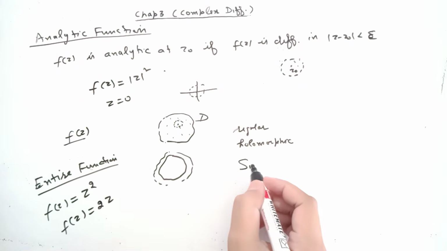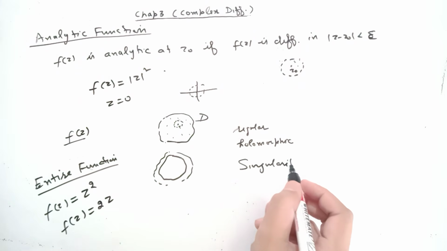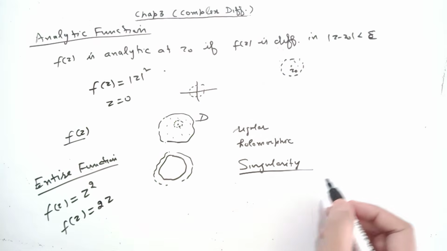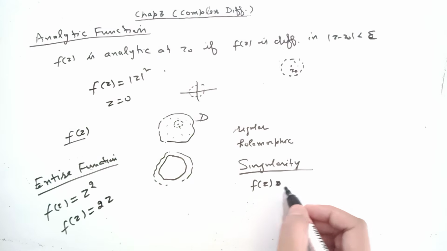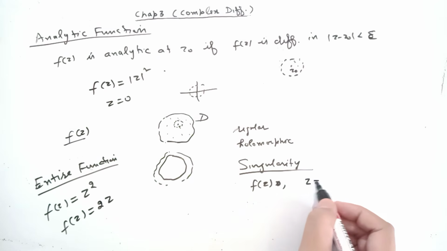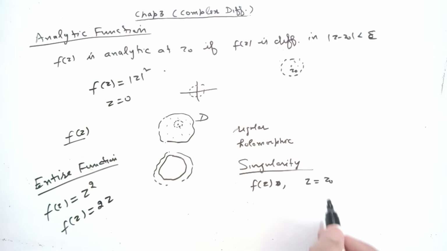Next, singularity. Singularity of a function f(z). The function f(z) is said to have a singularity at z equal to z0, or z equal to z0 is singularity of f(z) if f(z) fails to be analytic at z0 but is analytic at some point in every neighborhood of z0. At this point it fails, but in every neighborhood there must be some point where the function is analytic.